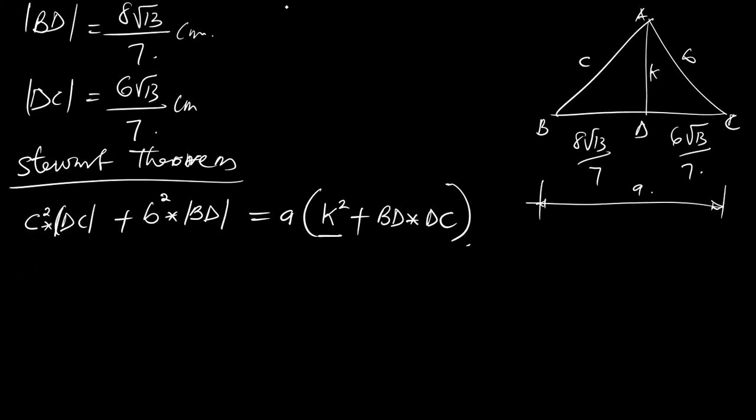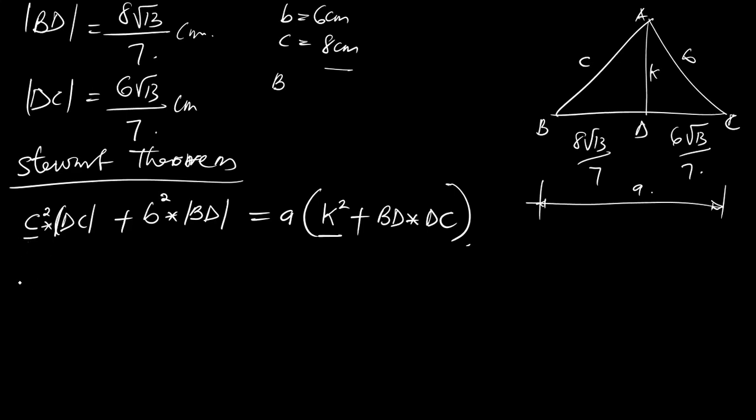We know that B is equal to 6 centimeters, C is equal to 8 centimeters, and now we have gotten BD and DC. So now let's continue.